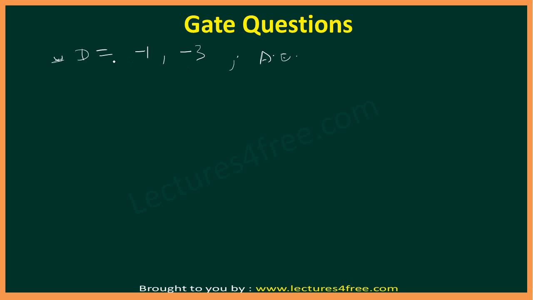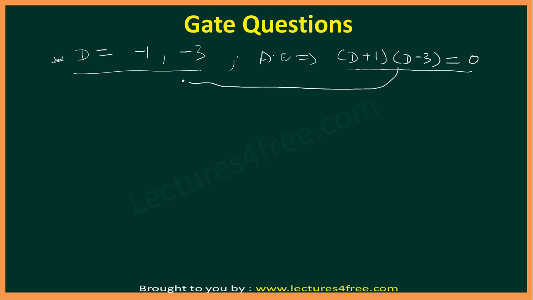If roots are like this, then the terms in your auxiliary equation will be (D plus 1) into (D minus 3) is equal to 0. Why? Because if you solve this equation, then only you will get these roots.